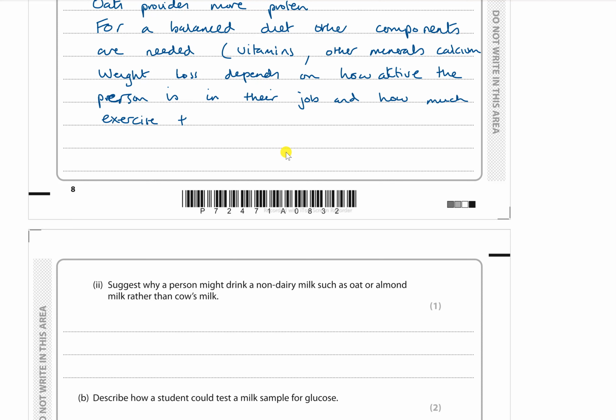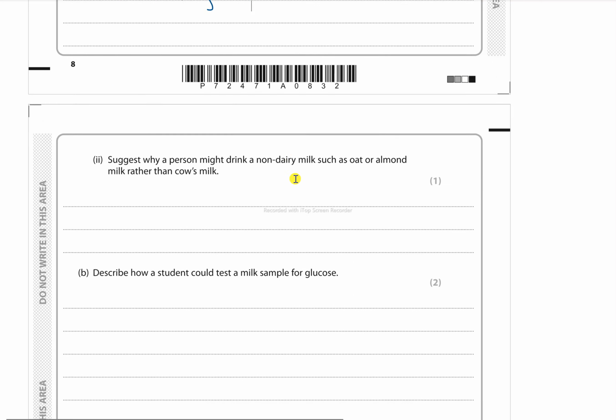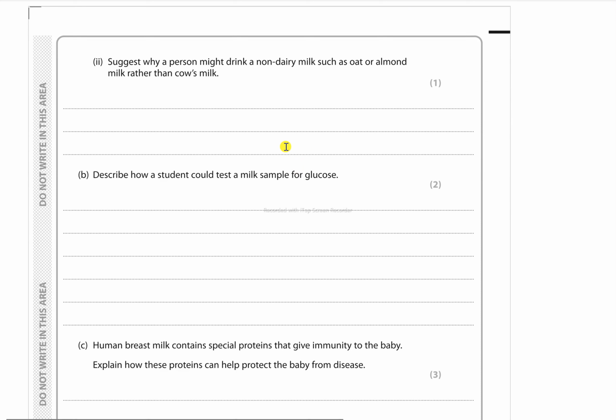Okay. So just why a person might drink non-dairy, they might have an allergy. Lactose intolerant, they might have an allergy to cow's milk.